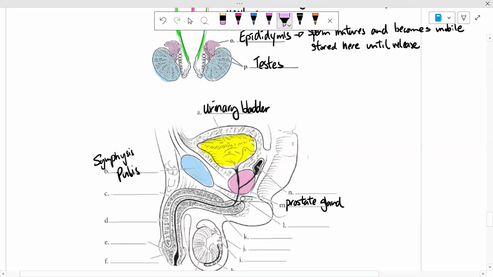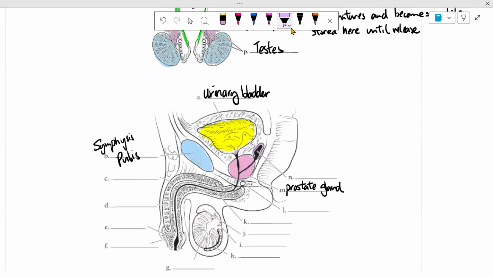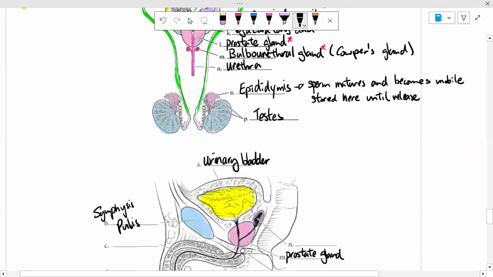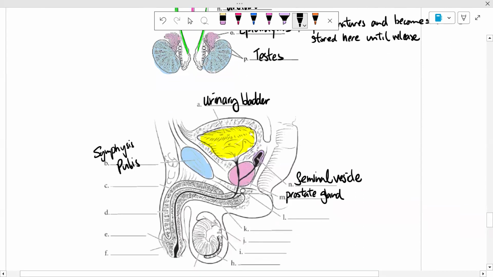What do you think this is? So that's the prostate gland, and on top, right? Those are the seminal vesicle. Seminal vesicle.